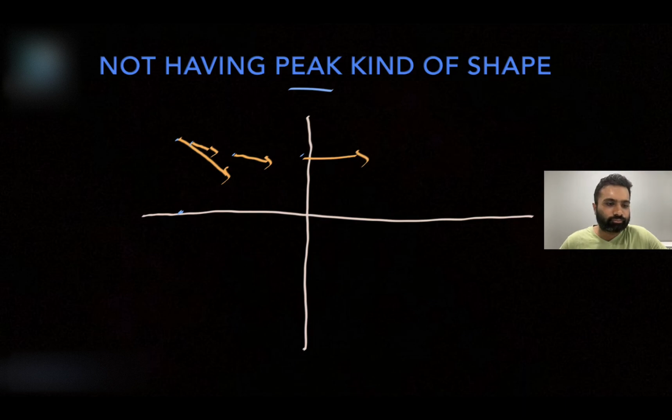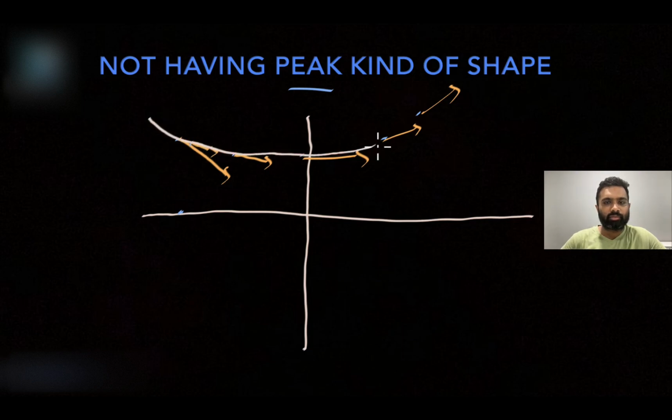And here you see that the slope of the tangent is steadily increasing. So this will form a certain bowl shape. If you draw a curve like this, it will form a bowl shape. And this property will imply all these three properties, because you evaluate a tangent at any point.